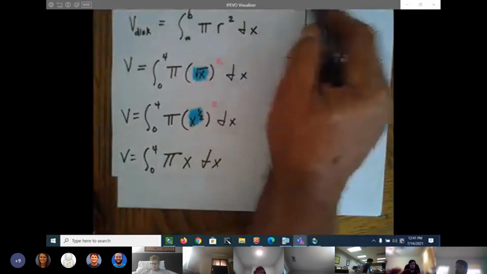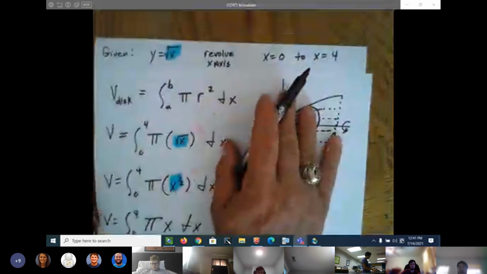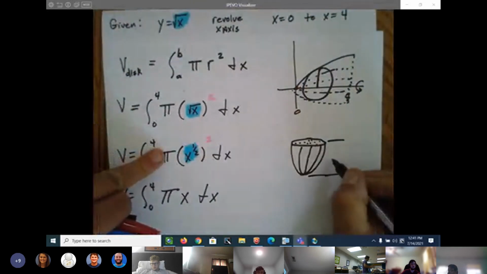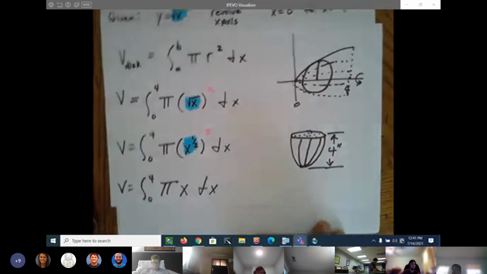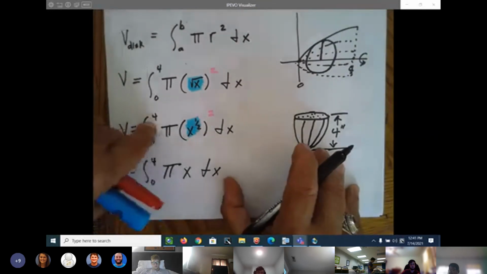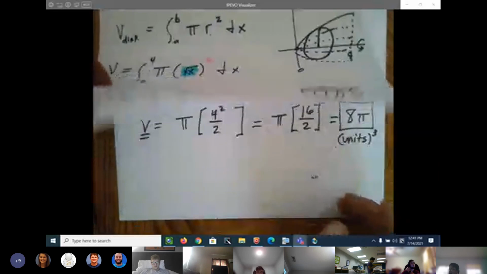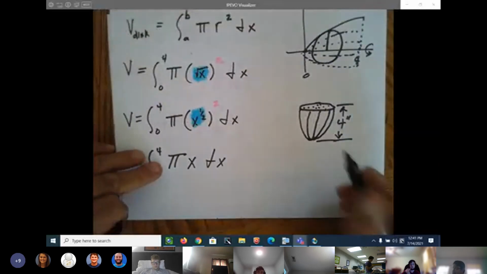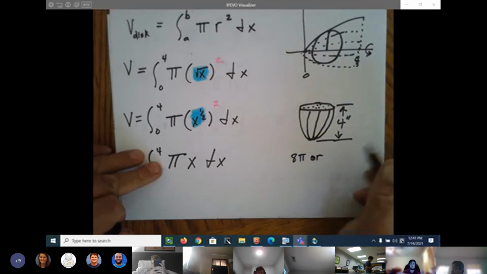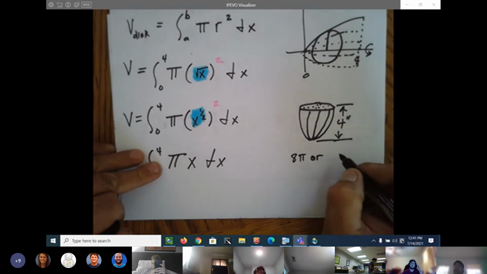So that watermelon, that's 4 inches long. Let's say that this slice, this half of watermelon, is 4 inches. Then we just found out the volume. I need somebody to multiply pi times 8, please. What's pi times 8? Give me 2 decimal places. 25.13.